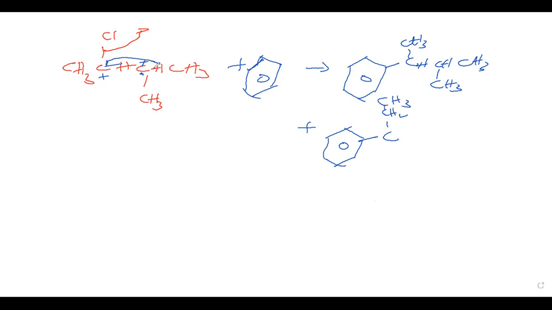Now CH2, because this hydrogen will move here, so we make this one CH2. This hydrogen is moving here, right? Go to CH2, CH3. And then it has CH3, it has CH3. So I'm expecting more than one product. Yes, because I can form a tertiary.